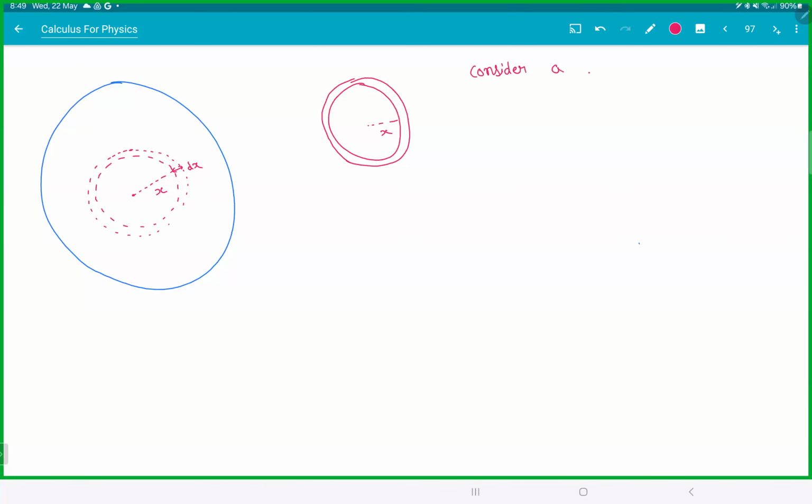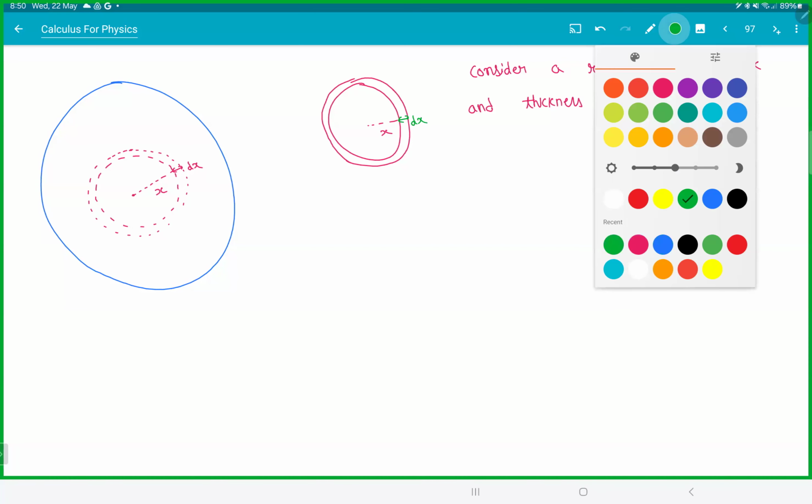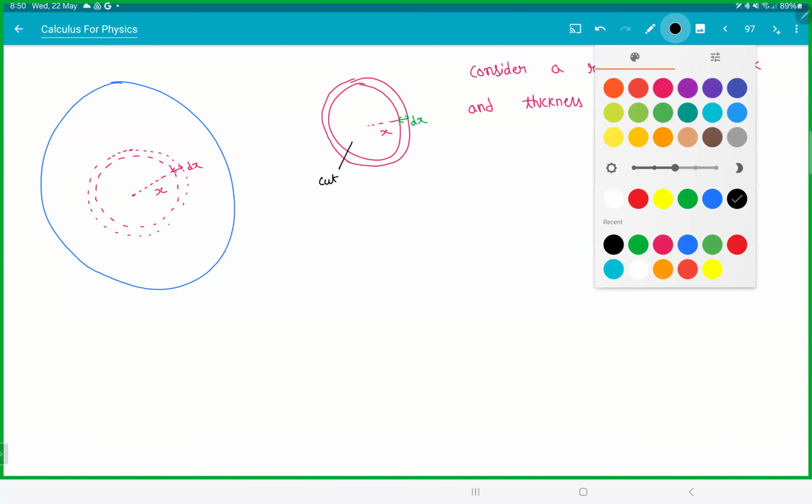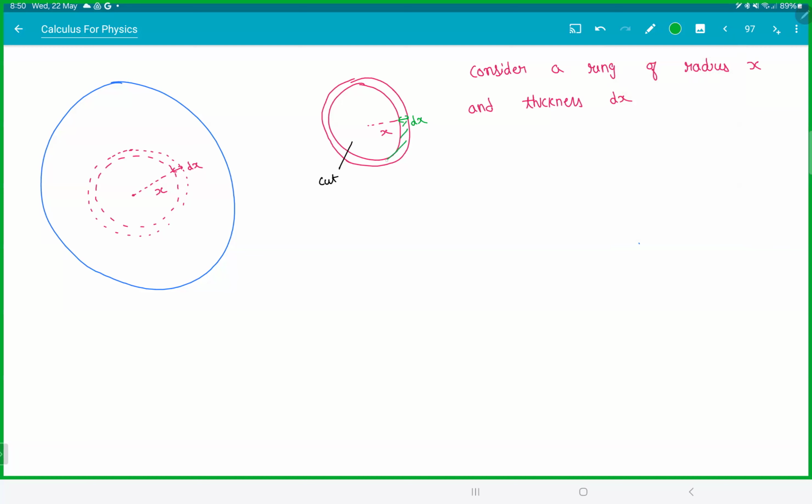Remember, dx means a very, very small distance. Now take a scissor and cut it here. If I cut this, what will I get? I will get a rectangle.